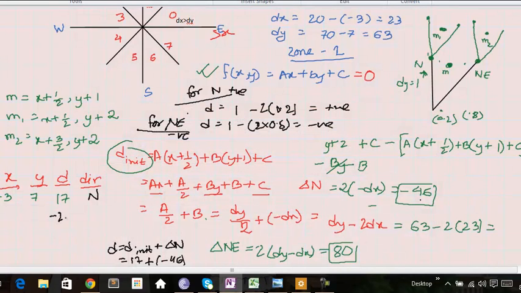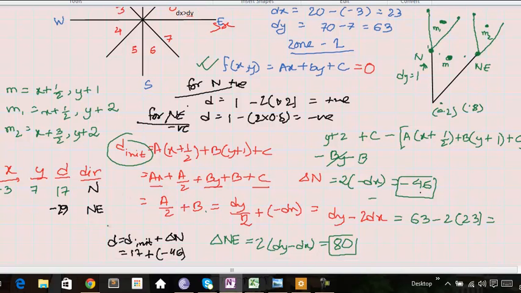Minus 29 is a negative value, which means it's in the northeast direction. So again, we just add to this d, right here.